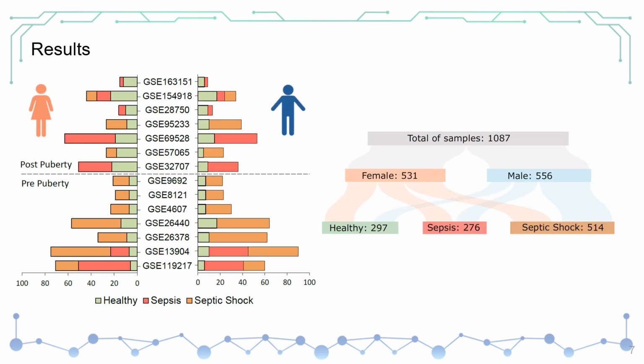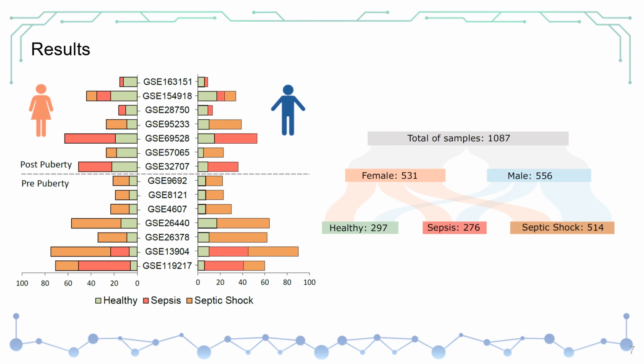As our first results, we have here a bar graph showing the number of samples for each data set that we analyzed. We have the following classes: healthy, sepsis, and septic shock. We also divided the studies according to age.